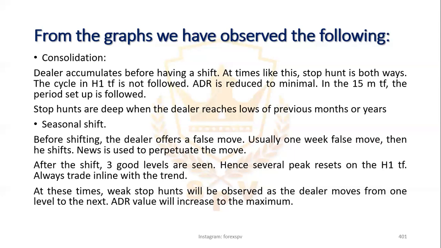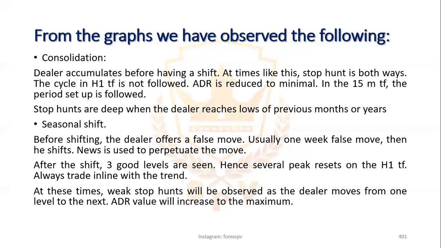News is used to perpetuate the move, and after the shift, 3 good levels are seen on the hour time frame. Usually three good levels are seen on the daily time frame. Usually on the hour you would observe several peak resets. Always trade in line with this trend.